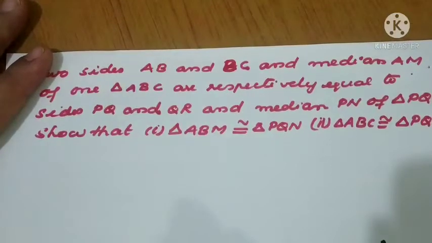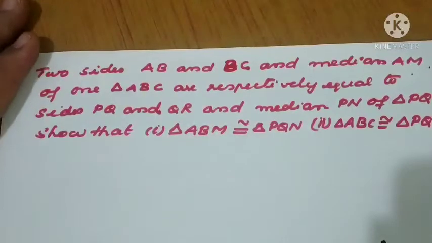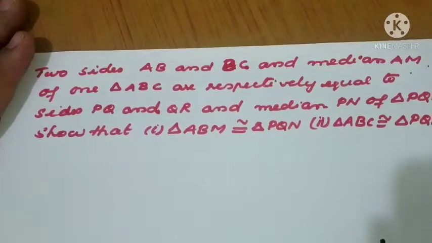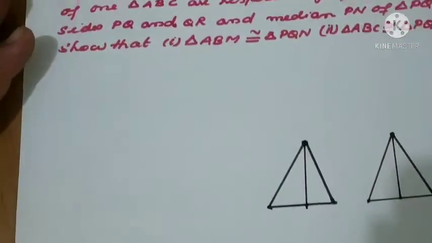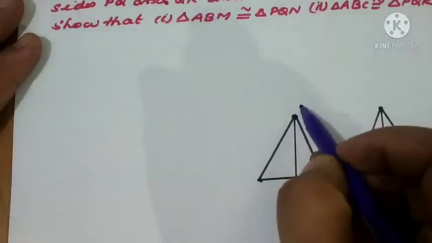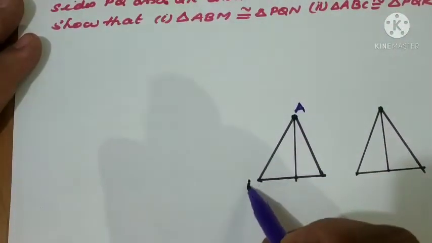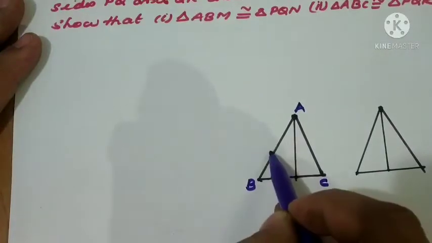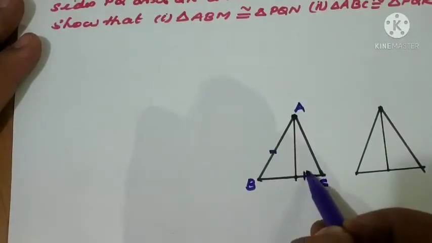Actually, the diagram is not given, so we can draw the diagram. It is a textbook question and a very good question. I think it was already asked in a board paper, so we can go through the diagram. We have to draw the two triangles first. Let it be like this, and AB, BC are the two sides, the first side and the second side.